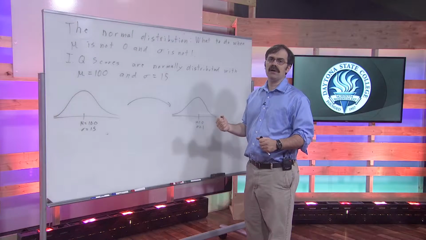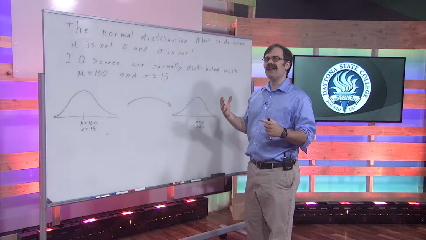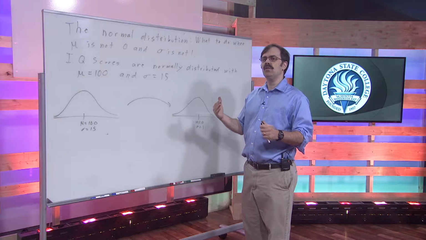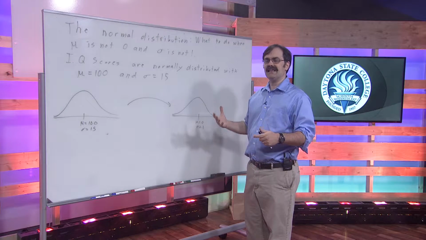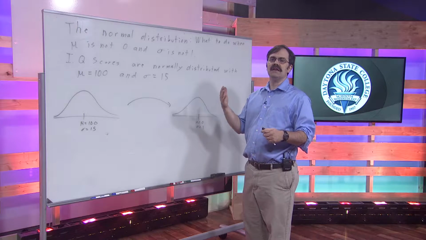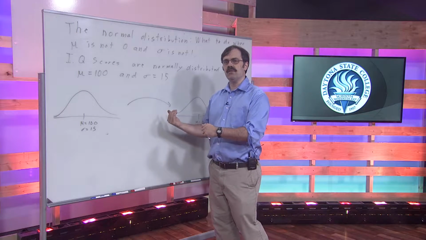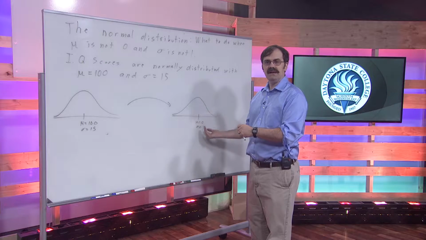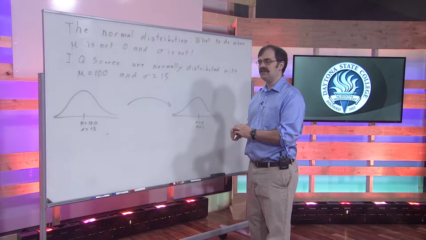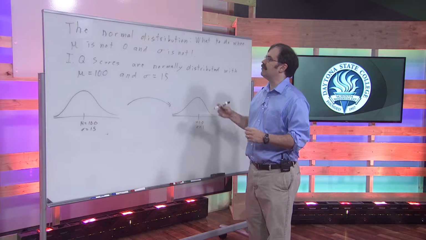And the trick that we're going to use is to convert everything into an equivalent question, but asking it about z-scores. Because if we convert these things to z-scores, the z-scores have a mean of 0 and a standard deviation of 1. Let's go through this example.